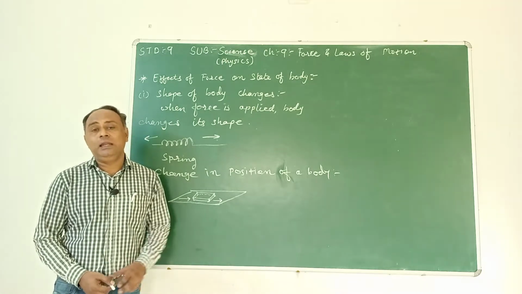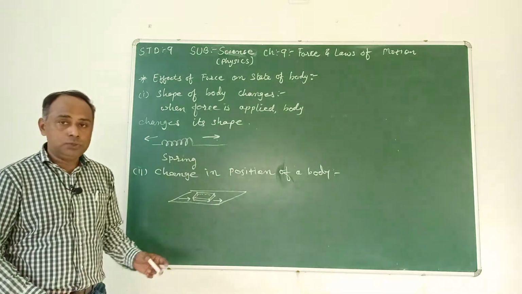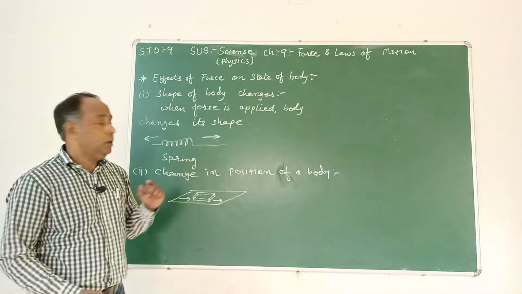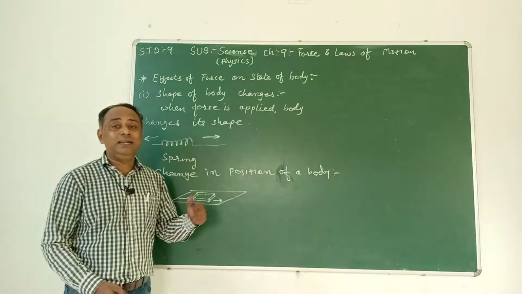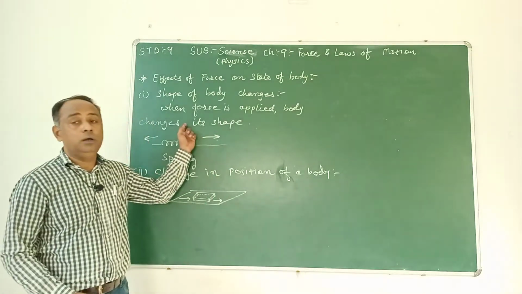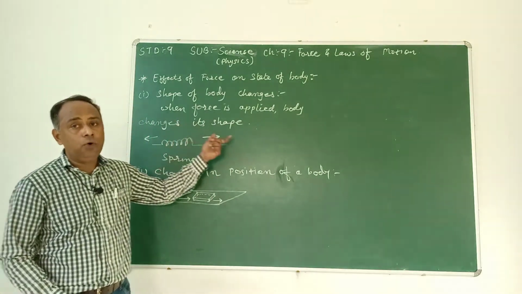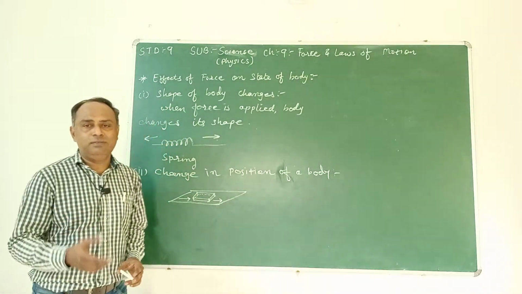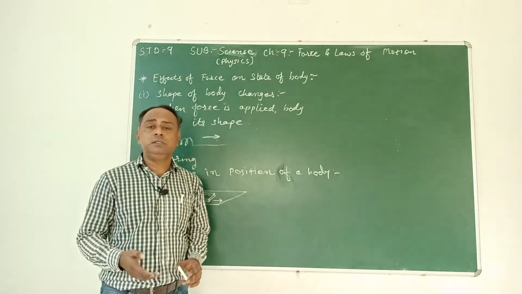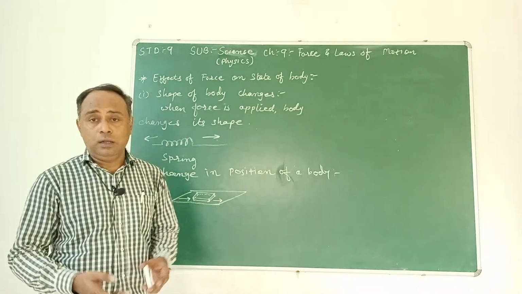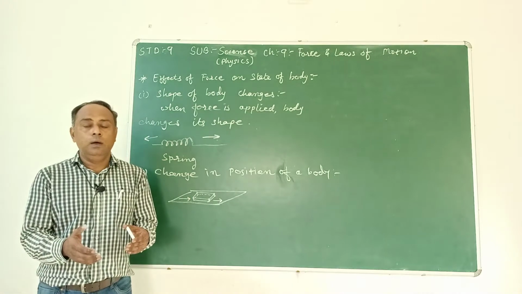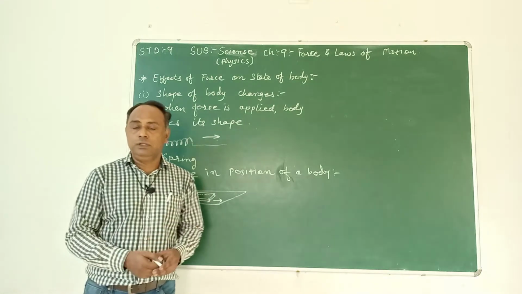So this is again a very important effect of a force on a body or on an object, that a body is going to get displaced. Here it was getting deformed. Maybe in some cases, if the body is flexible, or it can actually resist against the force, then again it can retain its shape, so it can look as same as it was in the beginning.